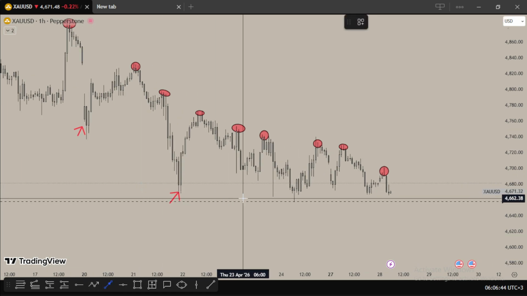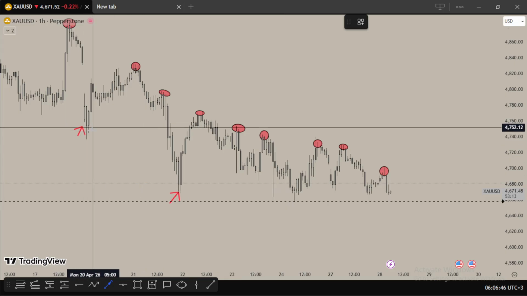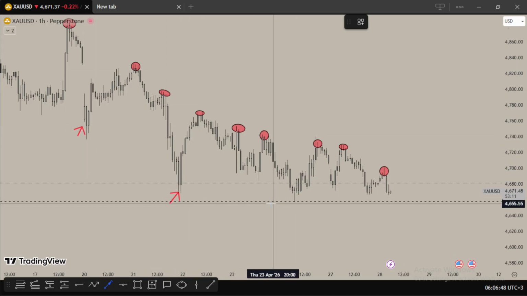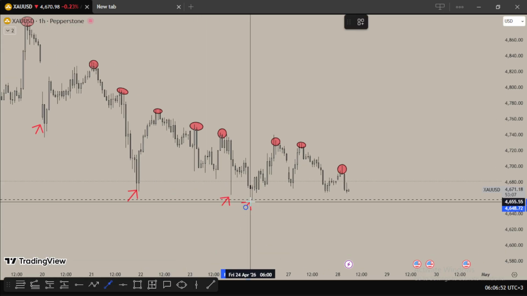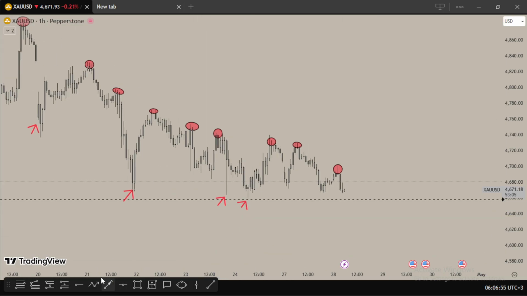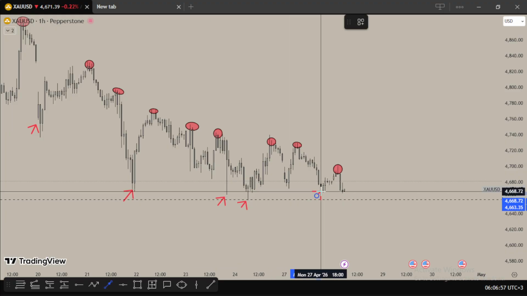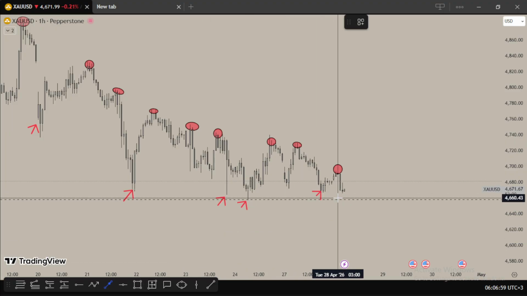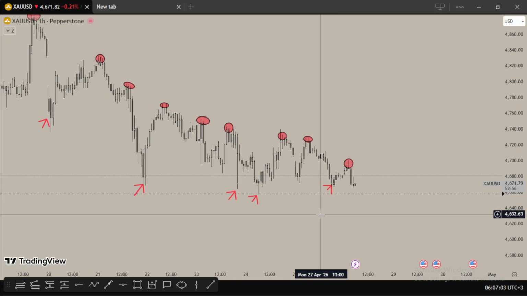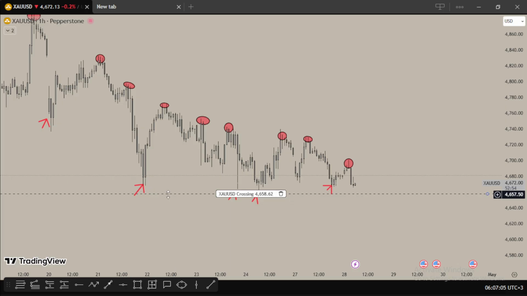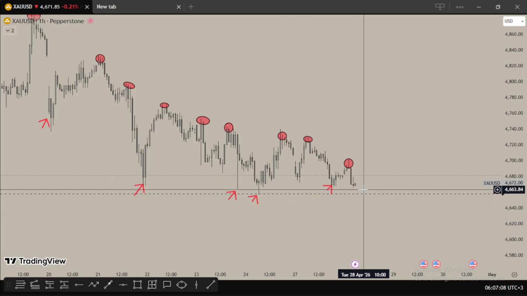You can clearly see that buyers are fewer than the amount of sellers. We have buyers again, and again. I know that buyers are being squeezed out of the market, but they have been extremely powerful at this level.